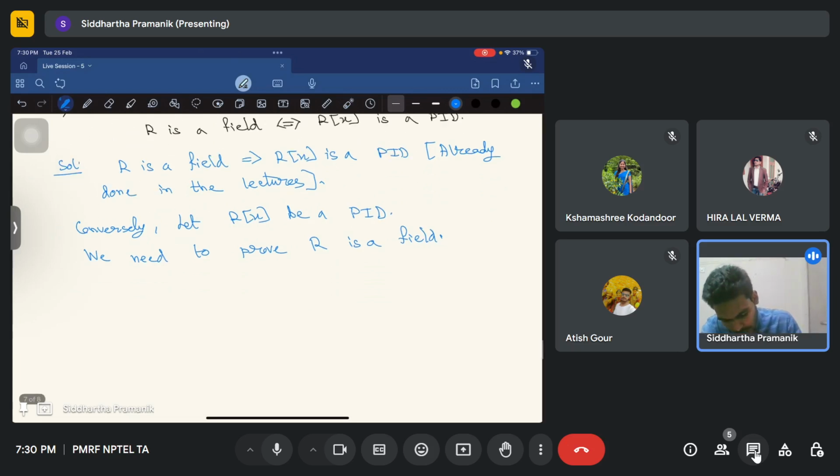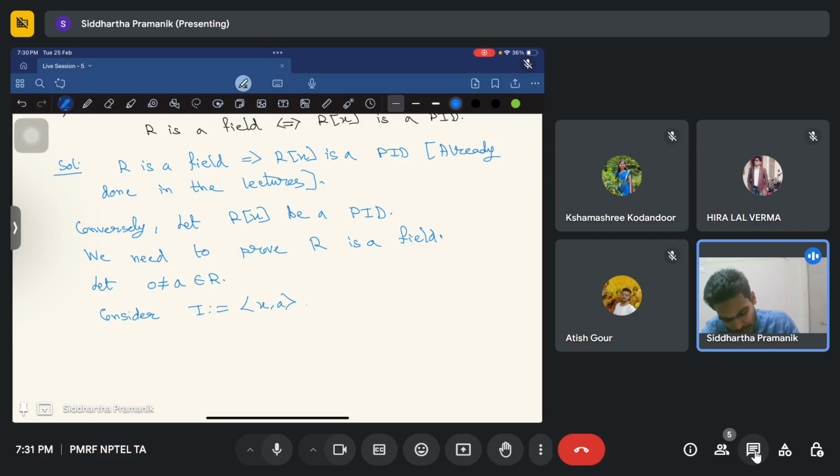Let's take a non-zero element 0 ≠ a in R. We will prove a is a unit. So consider the ideal I generated by x and a.